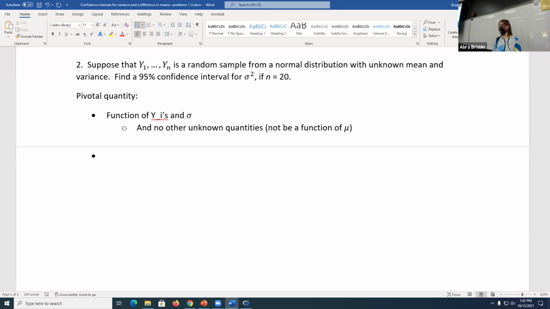Cool. What other thing do we need our pivotal quantity to have? Sam? The distribution can't depend on sigma. Cool. All right. So function of the y sub i's.